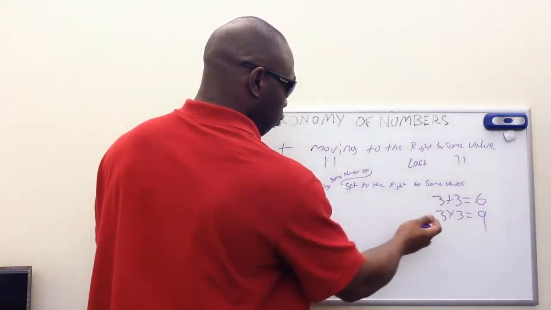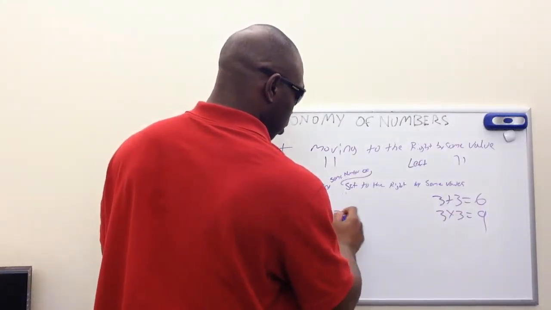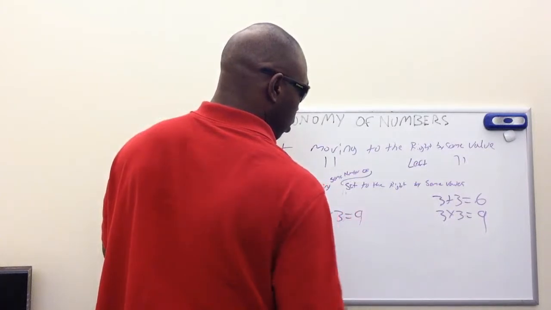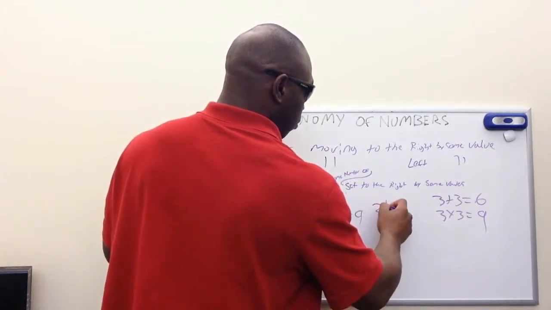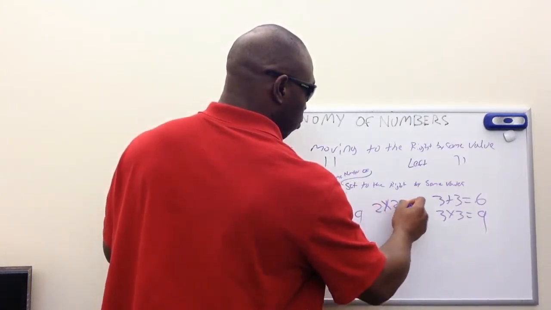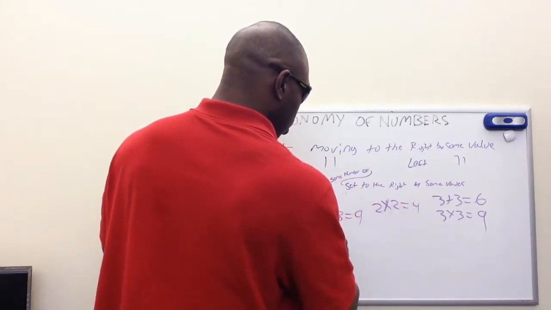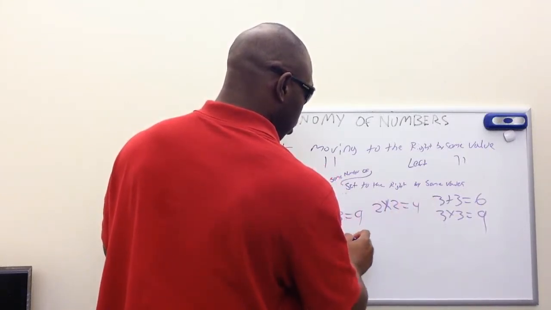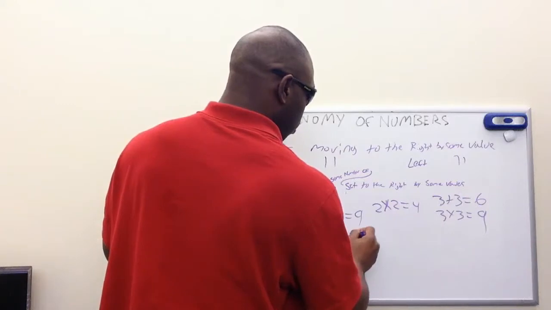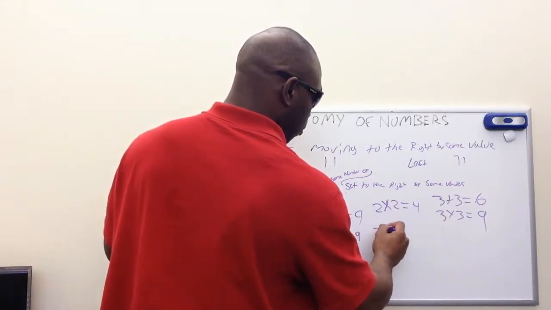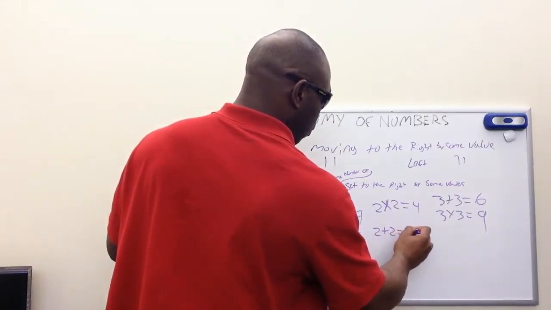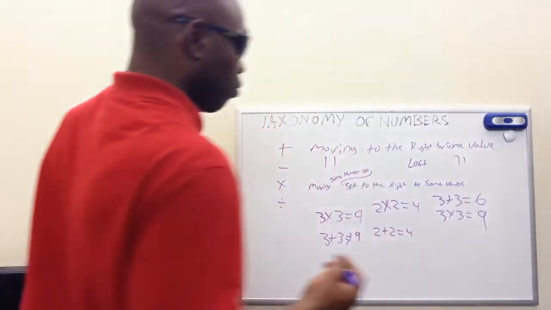Because, as I just showed you, 3 times 3 equals 9, the same way that 2 times 2 equals 4. But 3 plus 3 does not equal 9, the same way that 2 plus 2 equals 4. But you ask yourself the same question.